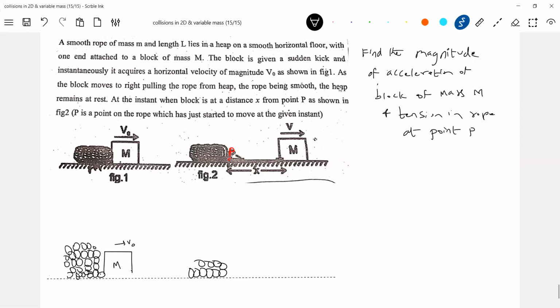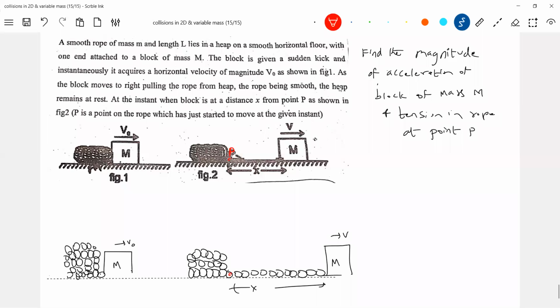These are the links. Some X length is here and this is that point P. So what is the state of this point P?